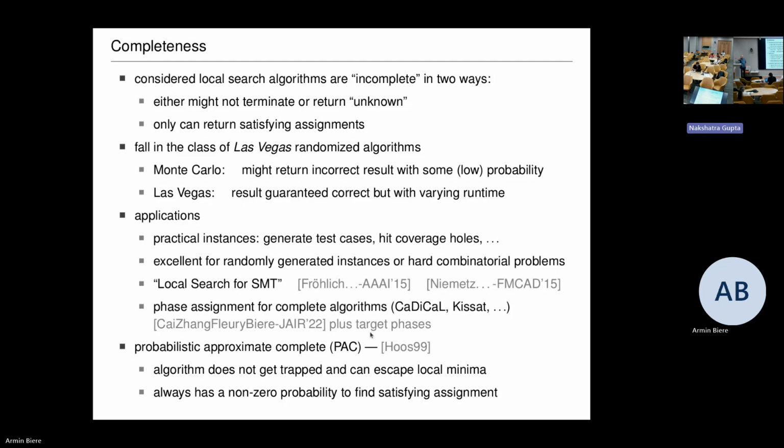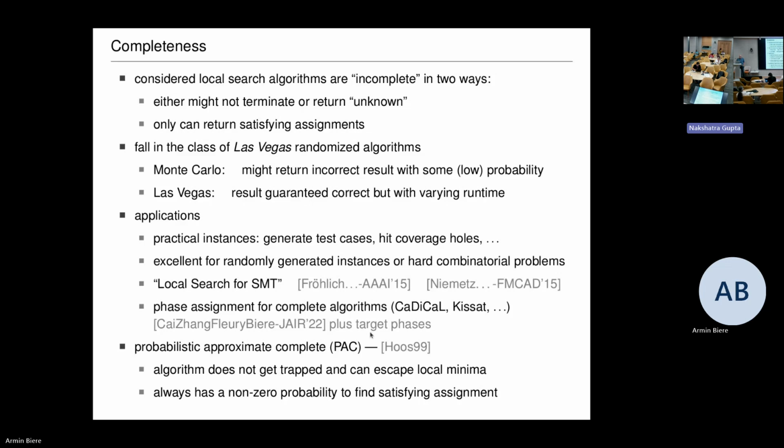This really fights the heuristics you have. If you always follow the heuristic, you might get a cycle, because if you follow the heuristic there's no other choice than doing this cycle. So probabilistically approximately complete means you have enough noise in your algorithm that, if the noise is helpful to you, you will get out of this local trap.